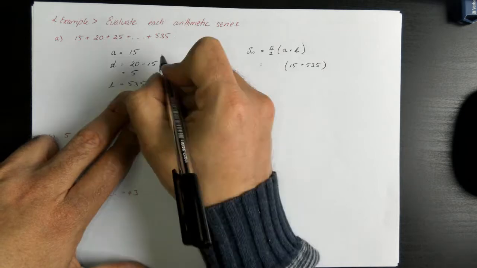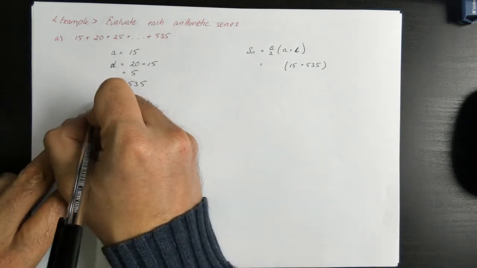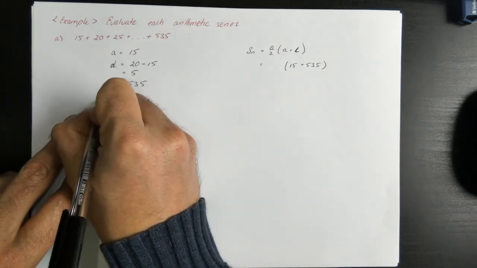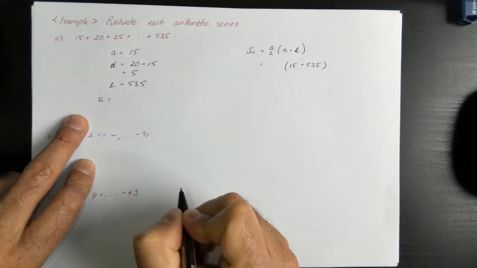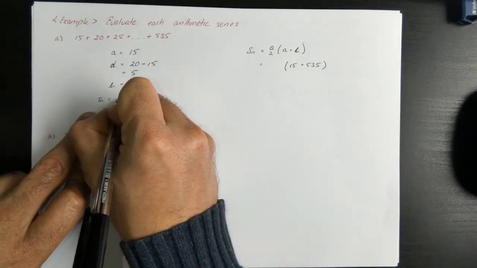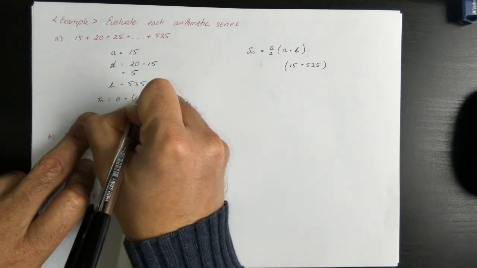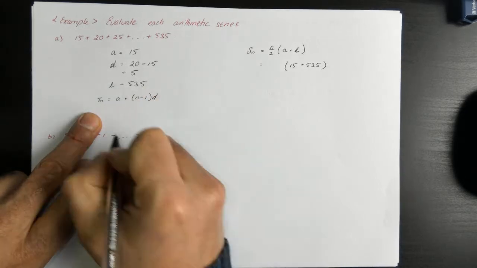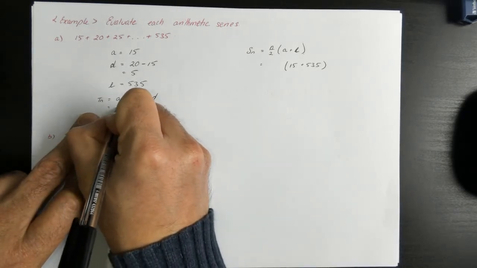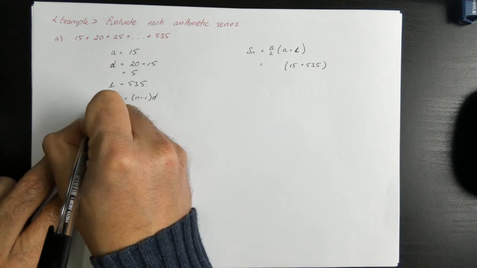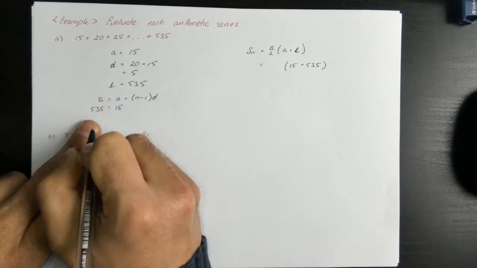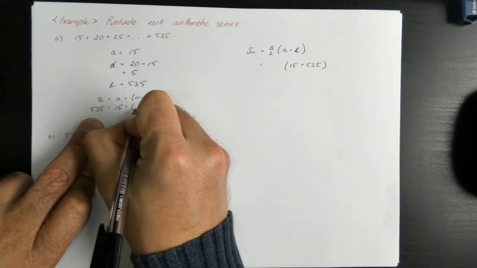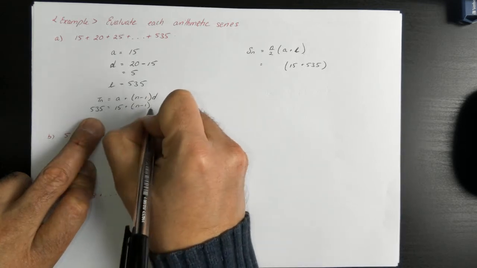We can find what n is because we know that Tn is equal to a plus (n minus 1)d, where a was 15, Tn was 535, and d was 5.